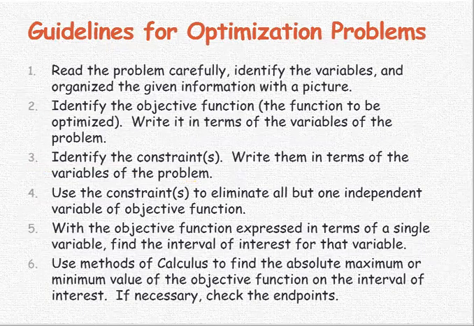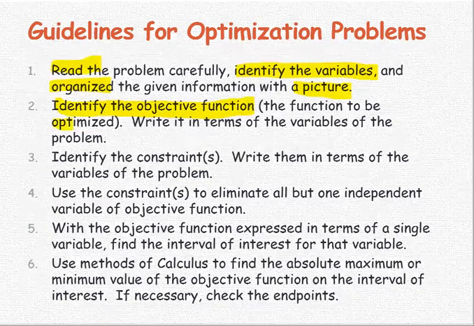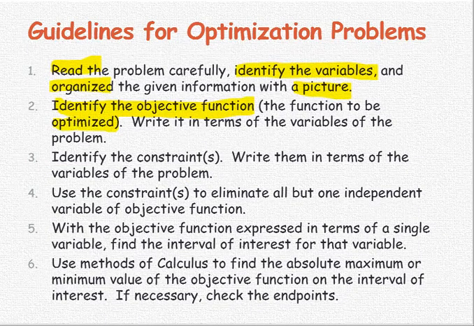Guidelines for optimization problems. First, read the problem carefully, identify the variables, and organize the given information with a picture. If the picture is not provided, just draw one based on information in the problem. Number two, identify the objective function, which is the function to be optimized, looking for the key terms such as the minimum value of the quantity, the least, or the smallest.